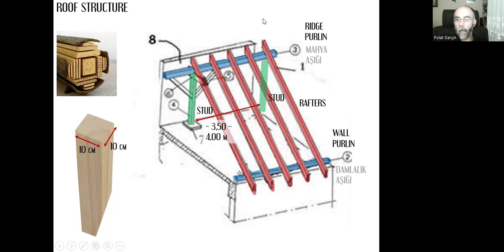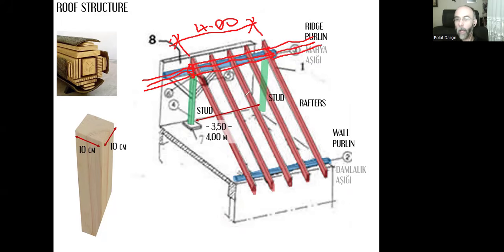As you remember, that's the required maximum limit for the length of a purlin. I can have a timber purlin for 4 meters maximum. And if my design is longer than 4 meters, then I need another piece here and another piece here. But each piece needs to be supported on one end and on this end.